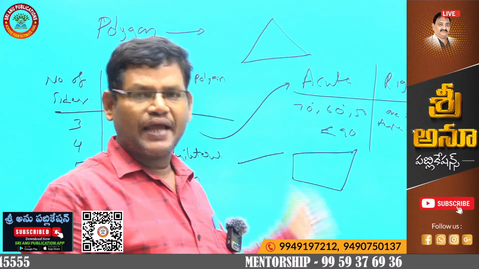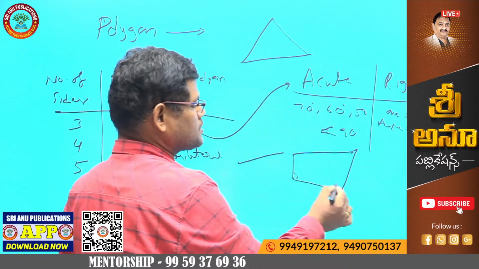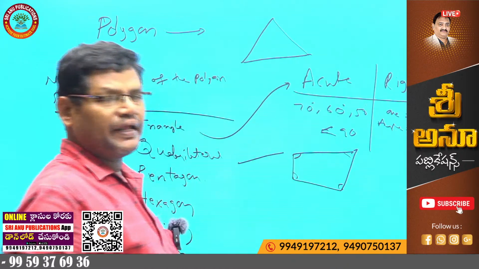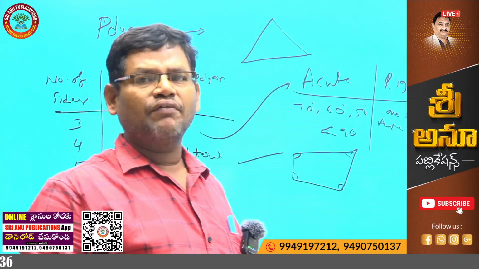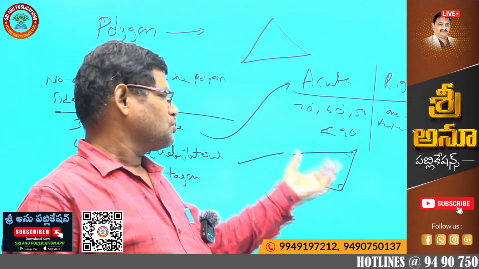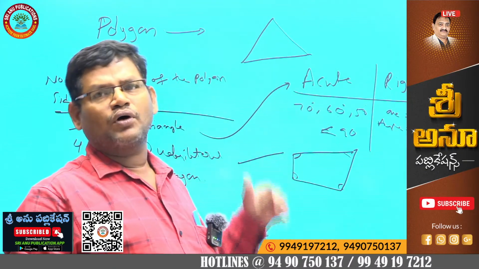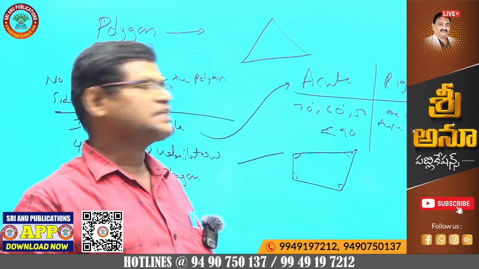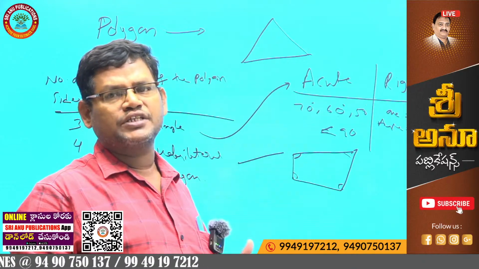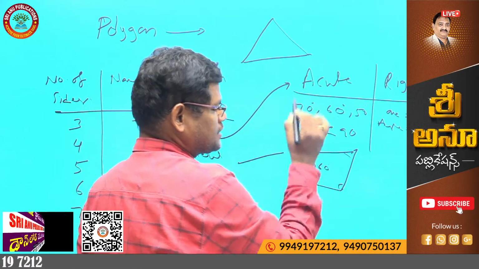If you take the sides or angles, the angles may be 90 or less than 90, and sometimes they will be more than 90 also. But the sum of all the interior angles of a quadrilateral is equal to 360 degrees.